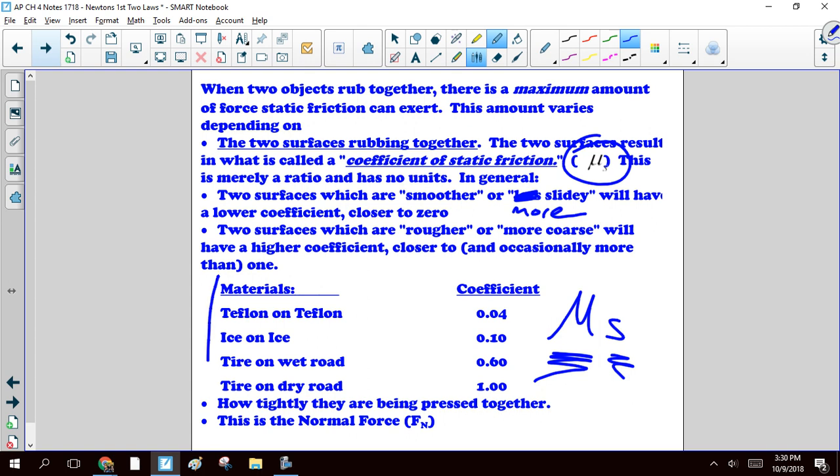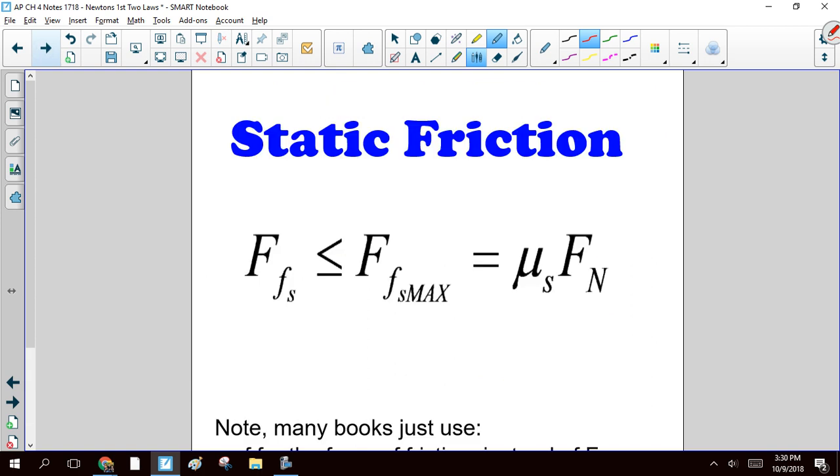So here's a few examples of some different coefficients of friction, all right? The force of friction also depends on how tightly the two objects are being pressed together, which is determined by your normal force, all right? Ultimately, here you go. Your force of static friction is always less than or equal to whatever your maximum value is.